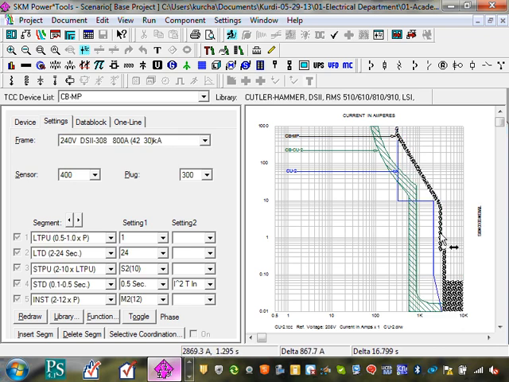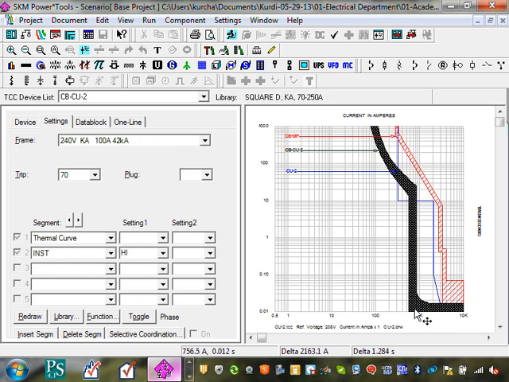Look at how the curve goes. Can you guys see that curve? The higher the amps here, the faster the circuit breaker will trip. So if I go to short circuit at this value, it goes faster. If you hit this leg here, all hell breaks loose and the circuit breaker will trip instantly.